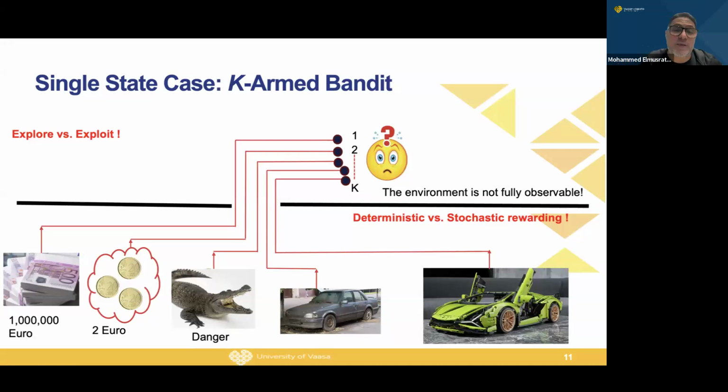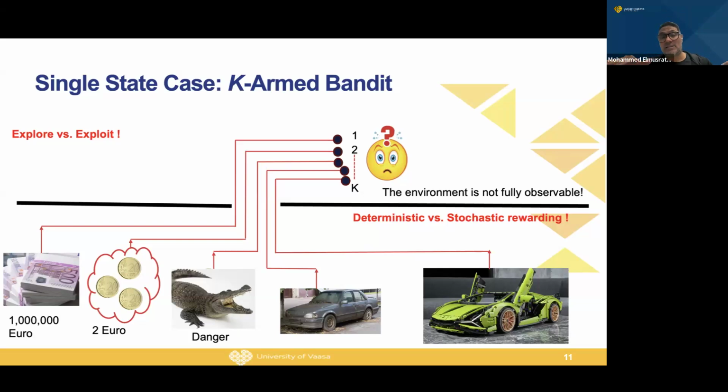When it takes number 3, danger comes: a crocodile, which we can see here, eats all the money that the agent has collected by exploiting number 2. So now the agent will mark number 3 as dangerous.